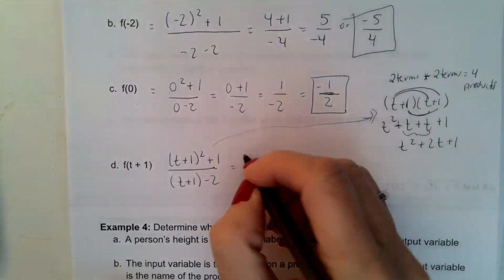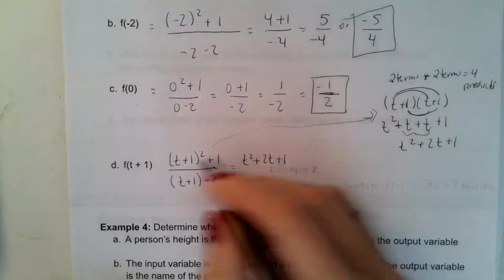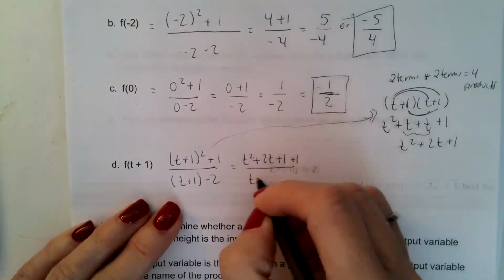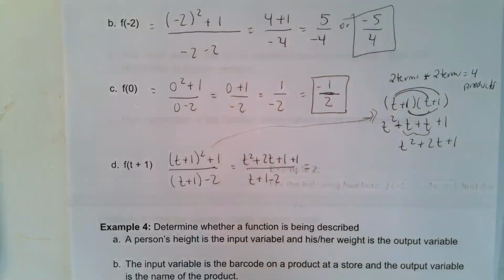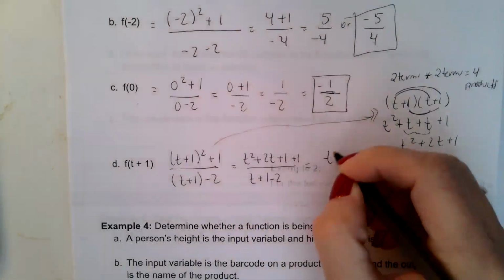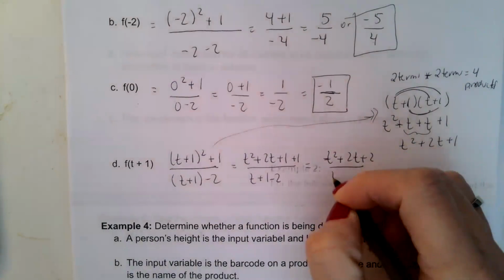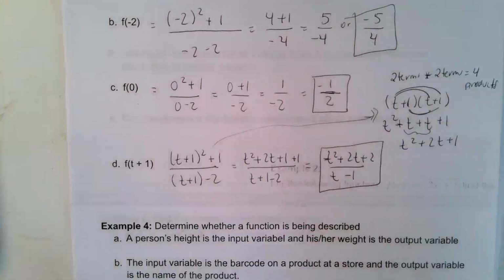So that's what goes in over here. t squared plus 2t plus 1, plus the original 1, all over t plus 1 minus 2. So I'm going to combine what I can on top. So I have t squared plus 2t plus 2 over t minus 1. And that's my final answer.